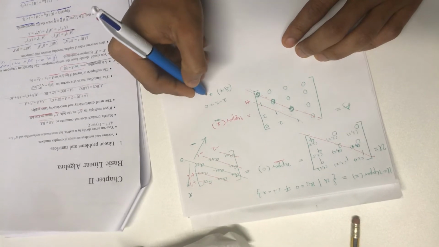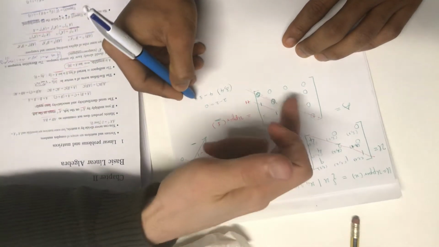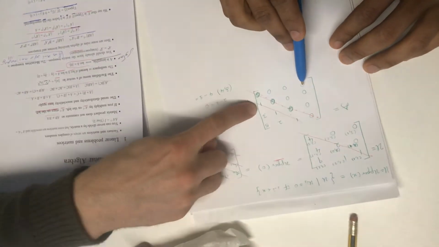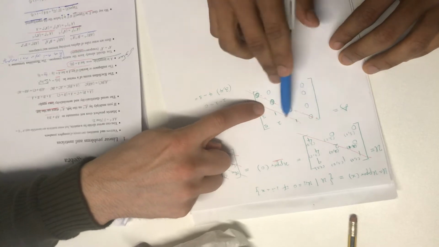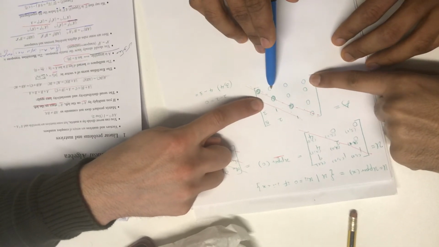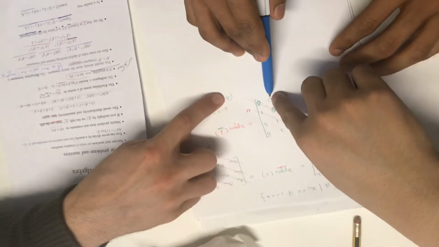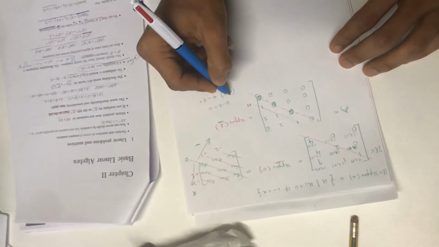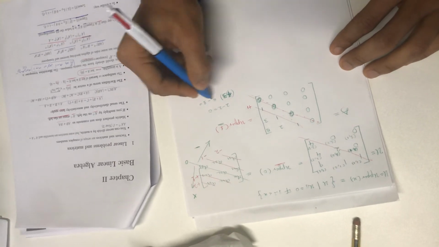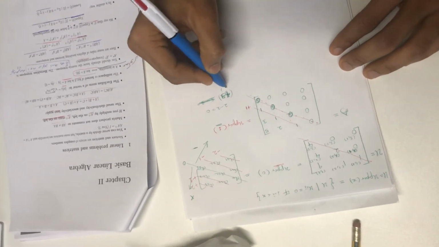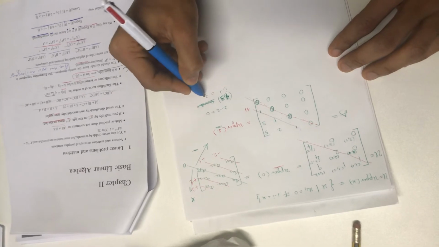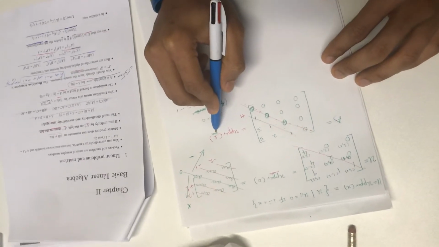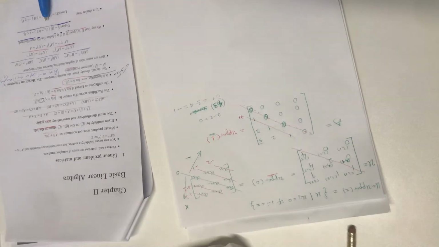So 3 minus 4 is minus 1. It is lower than 1. So you can see now that according to the definition, it is lower than 1.